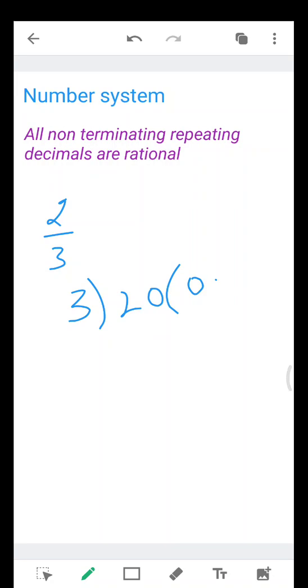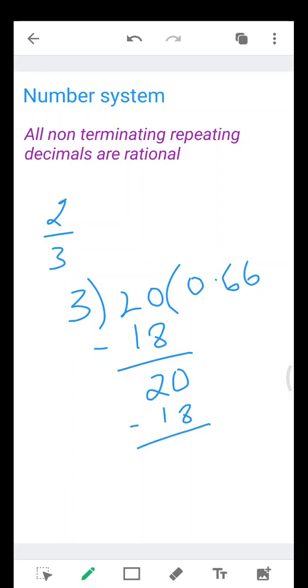So 3 6 times I'll get 18. Then if I subtract it I get 2. Then with this point I can take 10 here. Then again I get 3 6 times 18. Then subtracting it again I get 2. With point I can take a 0 here.